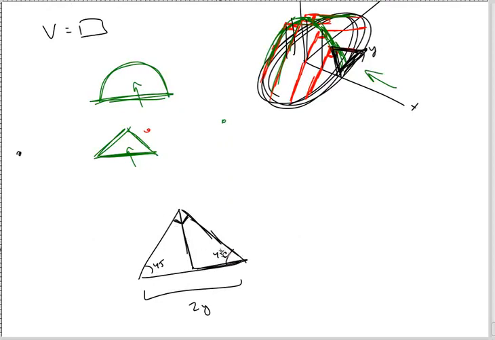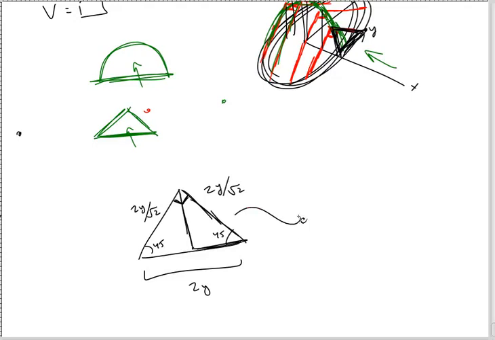And so you can use sine and cosine and all that to find that each one of these sides is 2y divided by the square root of 2 for the length of those sides. Now I want to find the area of just one of these triangles.